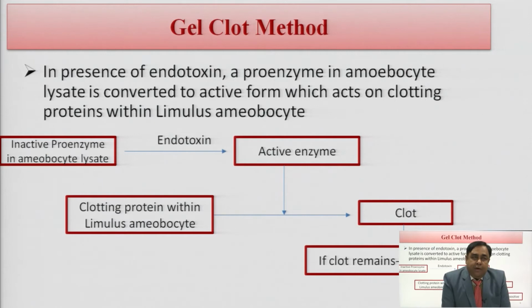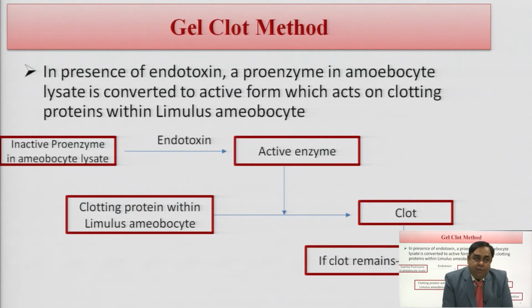In presence of endotoxin, a proenzyme which is present in the amebocyte lysate, which was earlier inactive, is now converted into an active form, and after being converted into an active form, it acts on the clotting protein which is present within the limulus amebocyte and converts it into a clot.